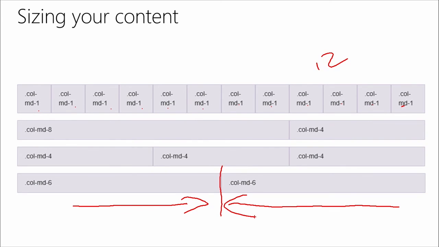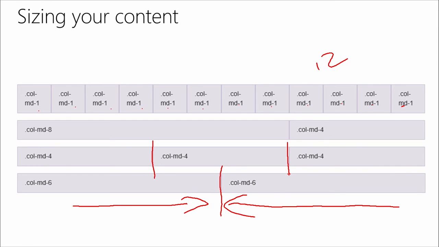The reason that it's 12 columns, there is some logic here, is think about the number 12. That 12 is a wonderful, wonderful number. Because if I want to be able to divide something in half, I can. 6. So you'll notice right here, col-md-6, and that's now going to be half and half. You want to divide something in thirds? Cool, you can absolutely do that.